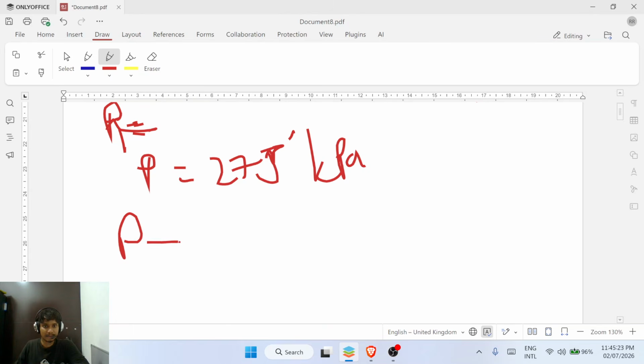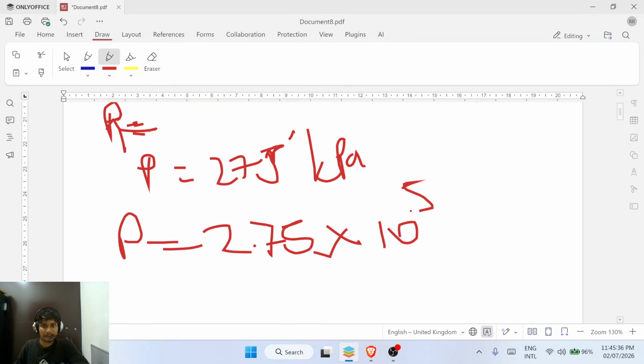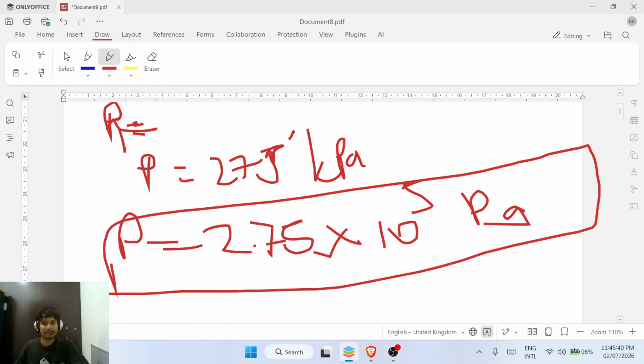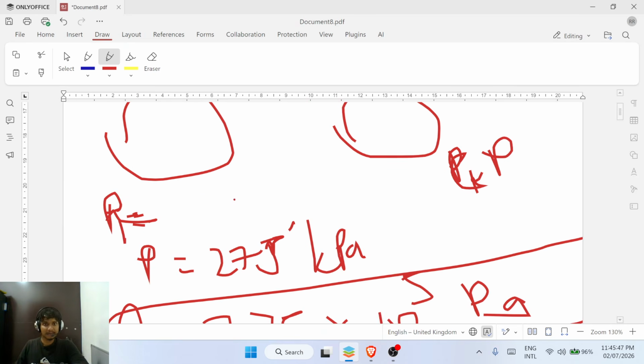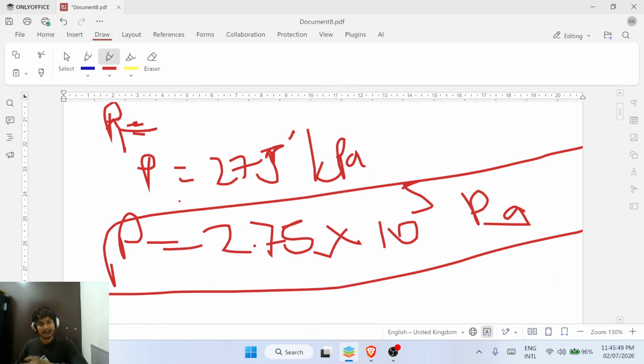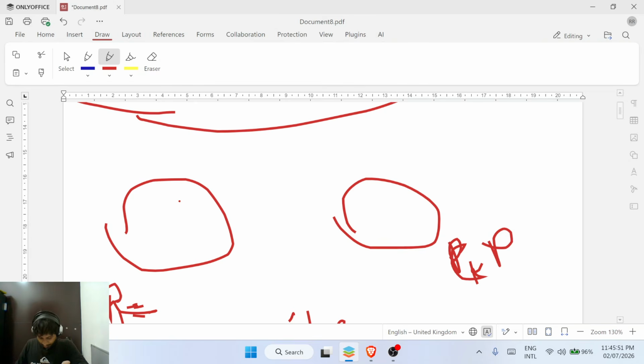Therefore P is equal to 2.75 in scientific notation, P is equal to 2.75 into 10 to the power 5 Pascal, or 2.75 bar, because 10 to the power 5 Pascal is 1 bar. Now we are discussing the pressure, volume, and temperature in the initial stage.